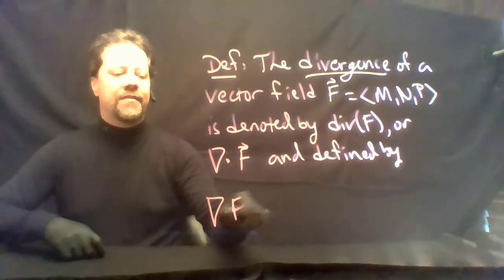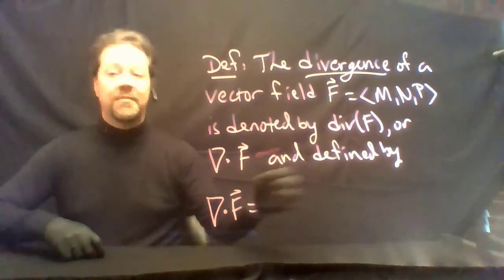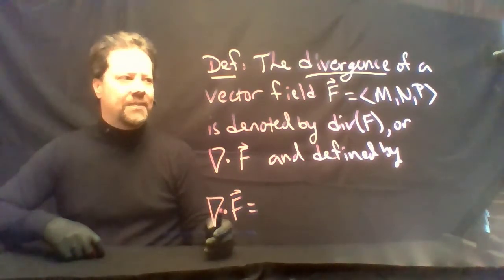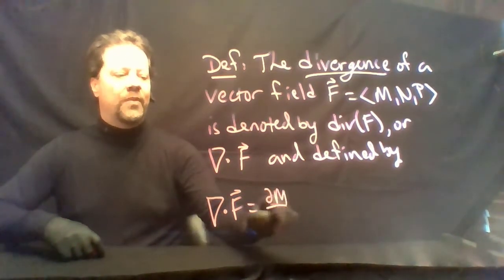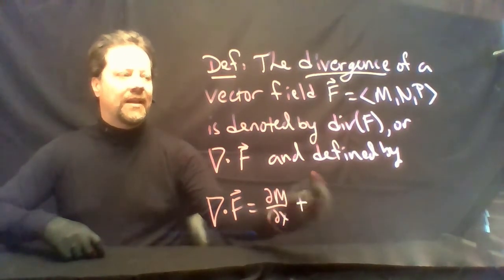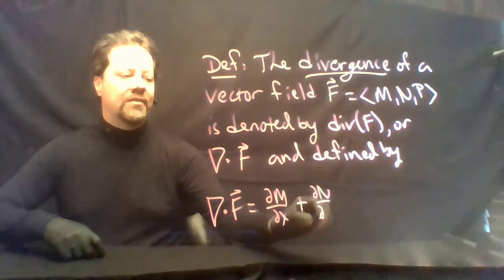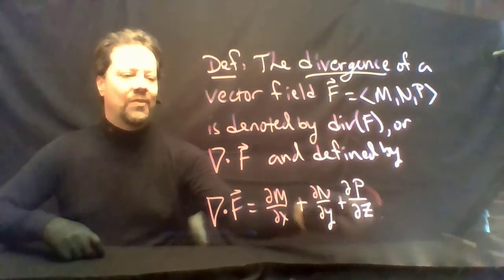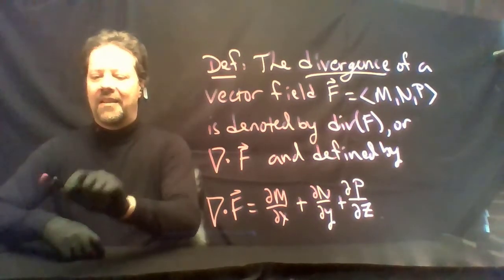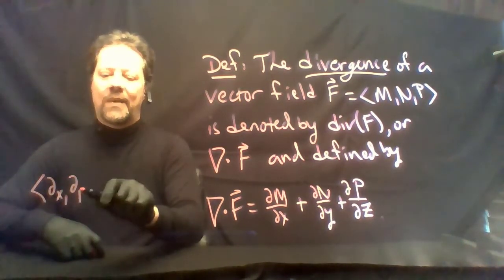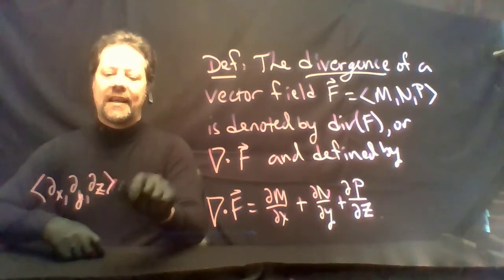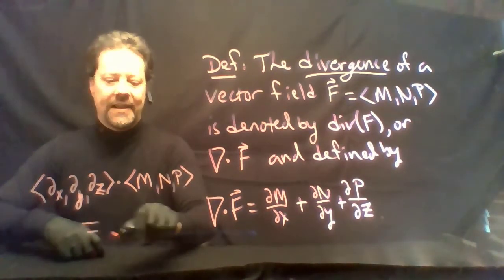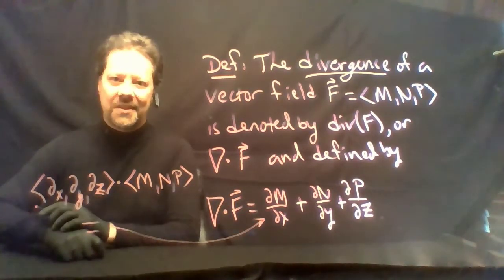The divergence of the vector field f is, because I said so, del dot f. It's done exactly as you might expect. It's the partial derivative of m with respect to x plus the partial derivative of n with respect to y plus the partial derivative of p with respect to z. If I have the vector d/dx, d/dy, d/dz, and I'm dotting that with m, n, p, you might expect to get exactly this expression.